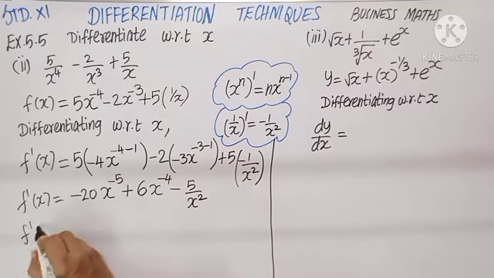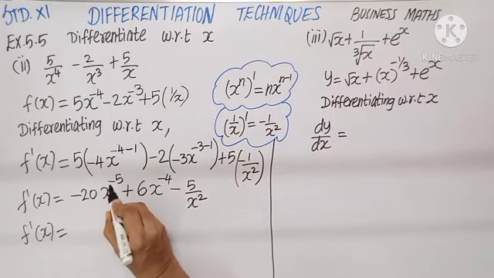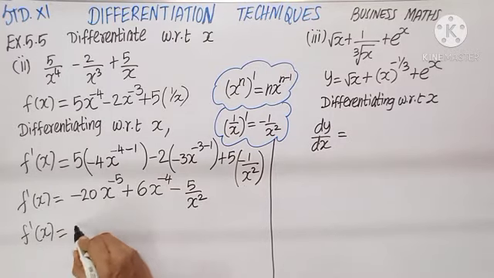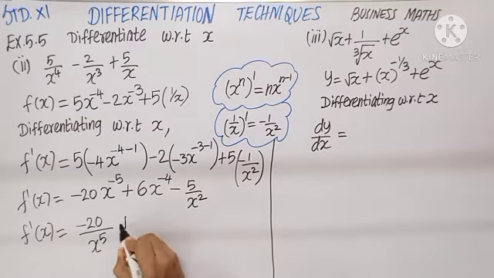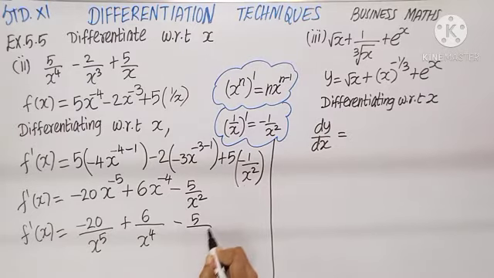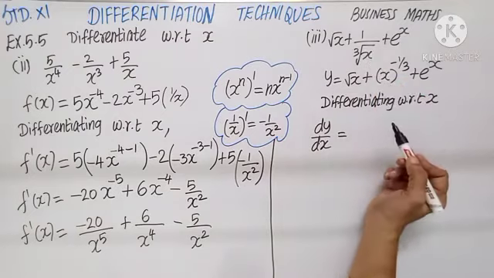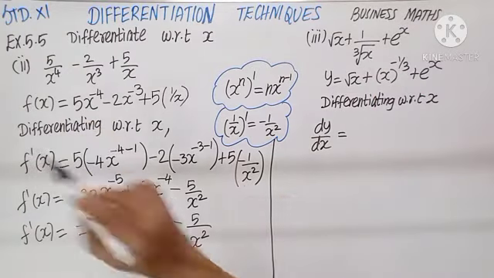We write one more step by bringing the negative power to the denominator: minus 20 by x power 5 plus 6 by x power 4 minus 5 by x square, and that is the answer.